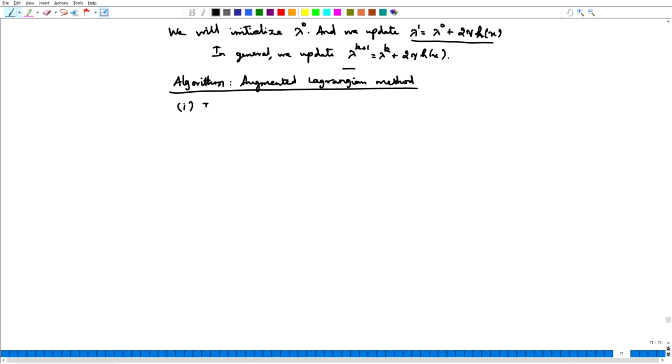You first initialize x 0, k equal to 0, the tolerance, and some gamma positive.